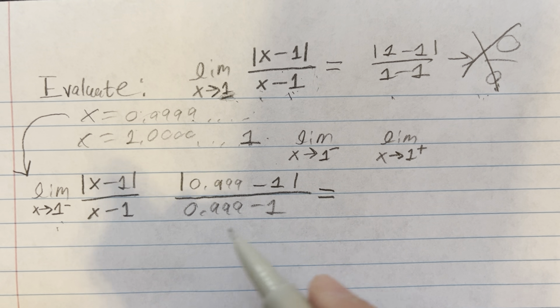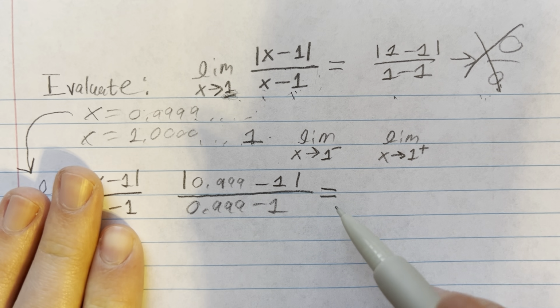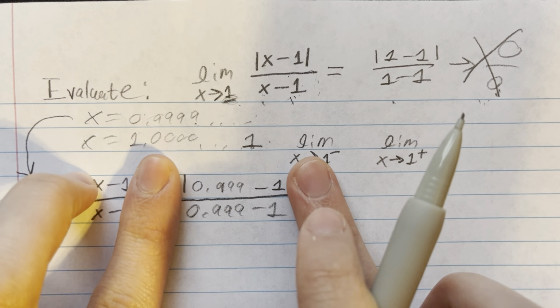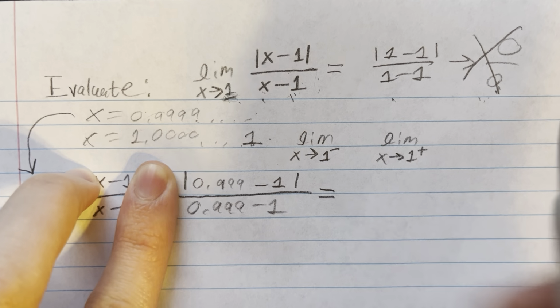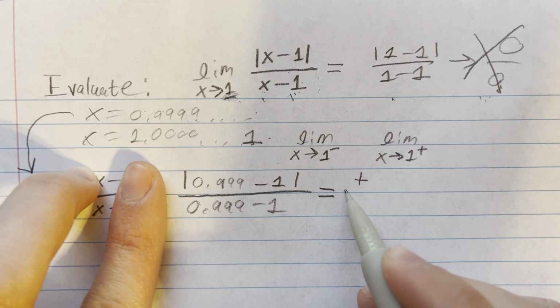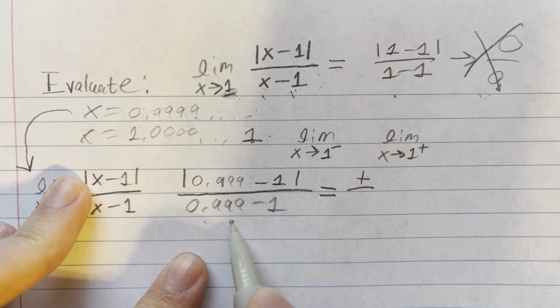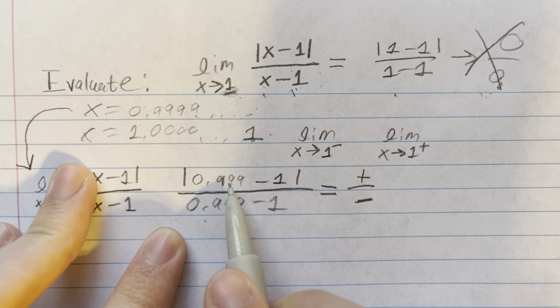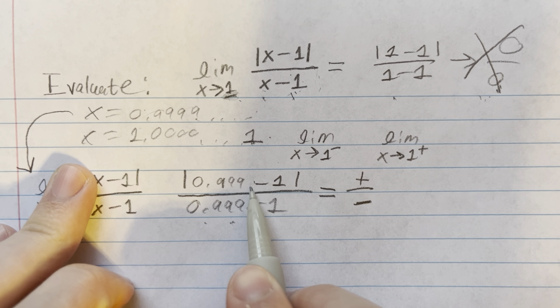And you can do that by hand, you can do that in the calculator, but with this function, a trend you'll notice is that if this numerator, if you ignore the absolute values, outputs a negative number, the absolute values will turn that into a positive number. But the denominator will still be a negative number because there is no absolute value bars there. So in this case, the numerator and the denominator will be equal in size.